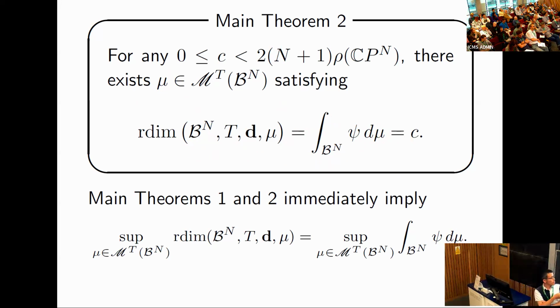Then combining main theorems 1 and 2, we can easily see that this equation follows. So main theorems 1 and 2 give a somewhat deeper understanding of our mean dimension formula. These are the statements of the main results.